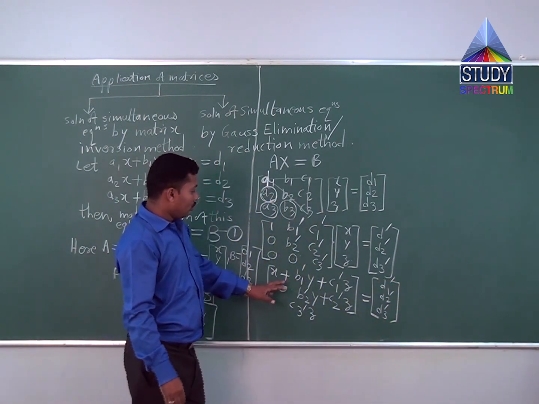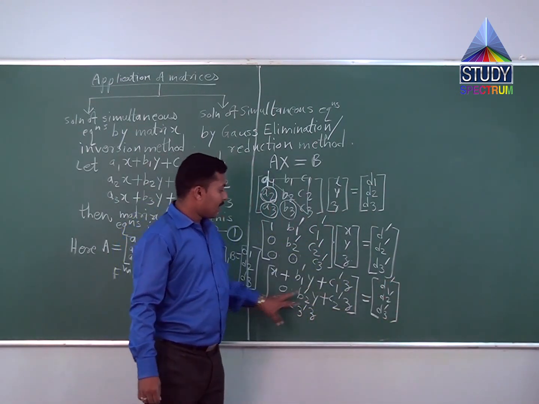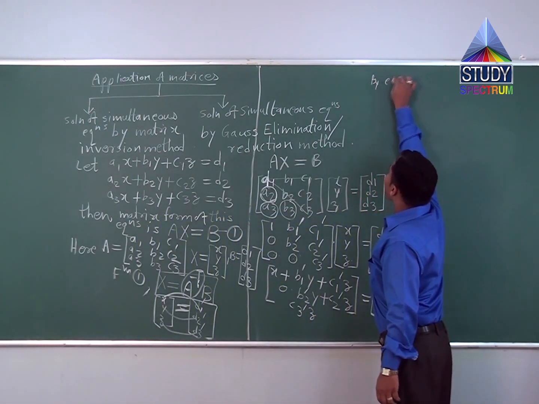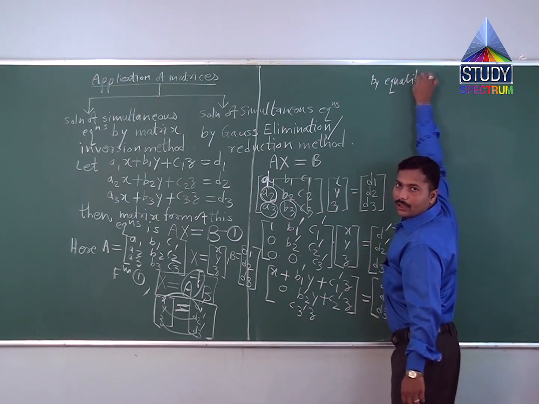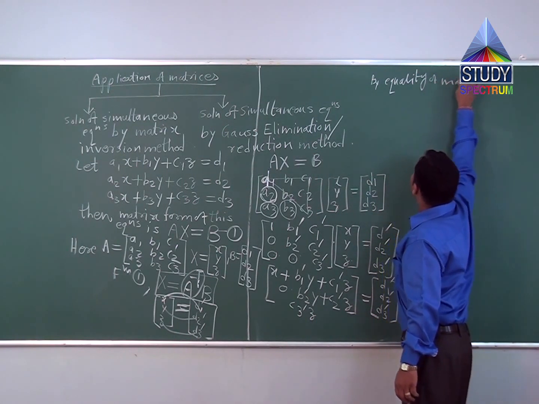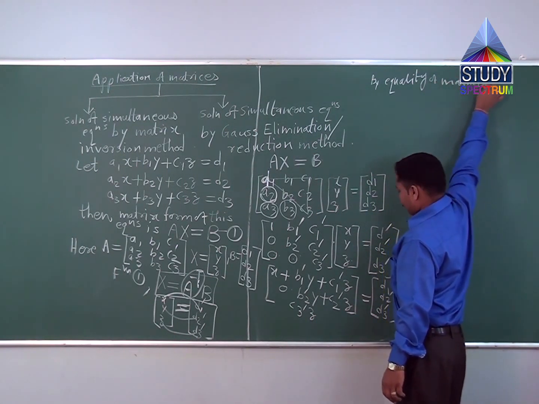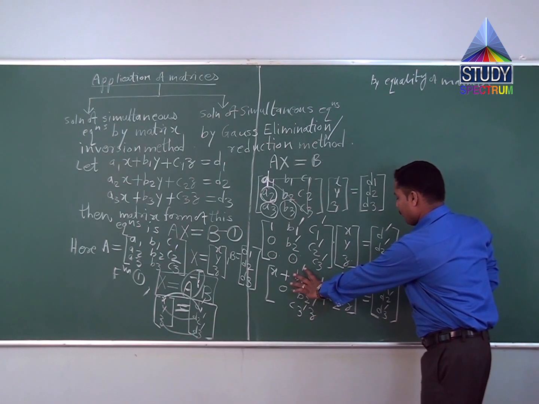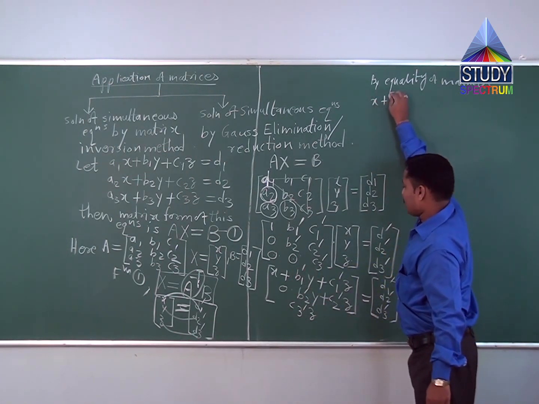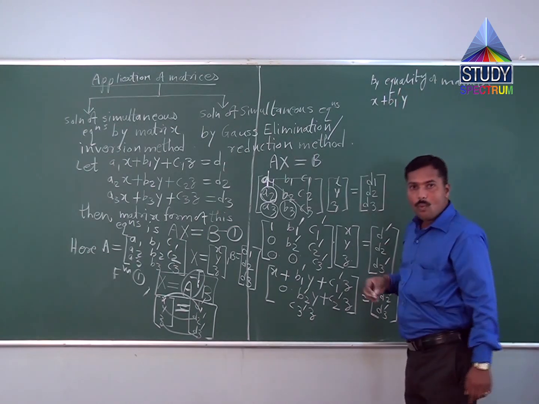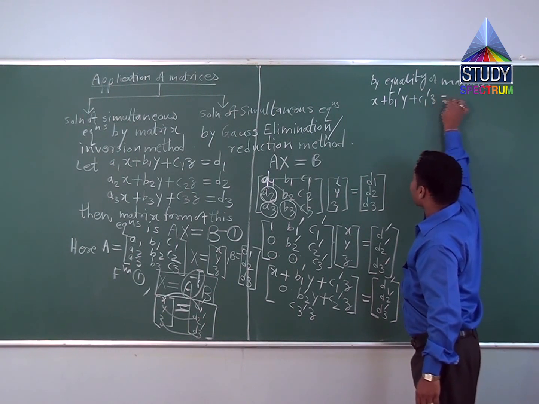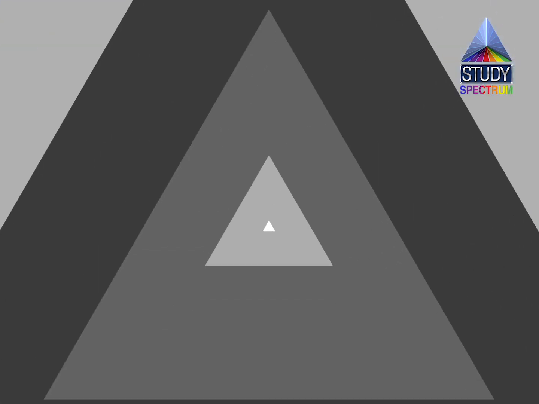But here both matrices are equal, therefore by equality of matrices, x plus b1 dash y plus c1 dash z equal to d1 dash.